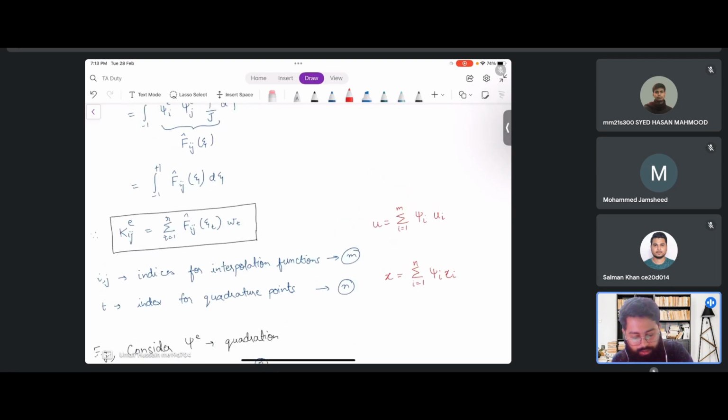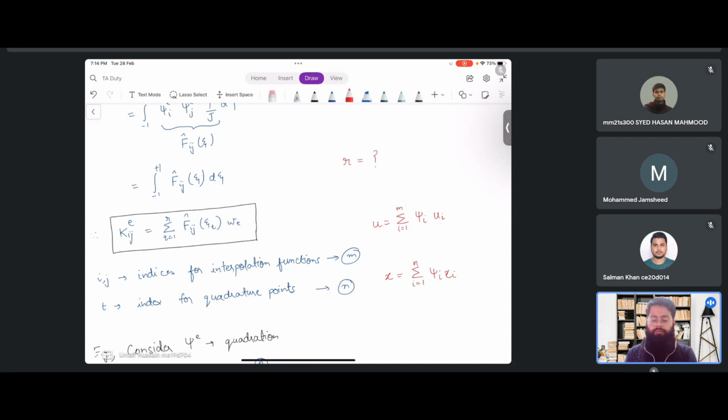So basically, we need to find r from the degree of polynomial. What is it? Anyone?